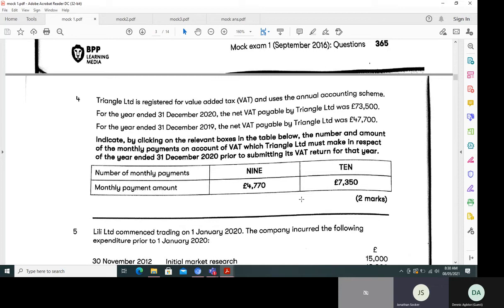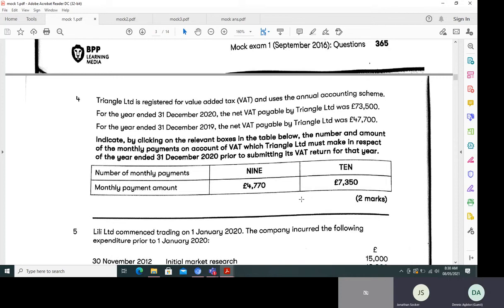So if your accounting period runs from January to December, the 4th month of that year will be what month? It will be April. Yes.